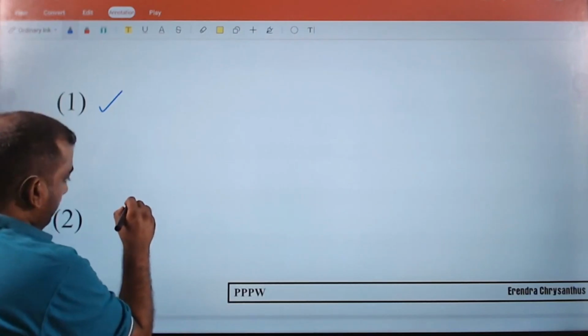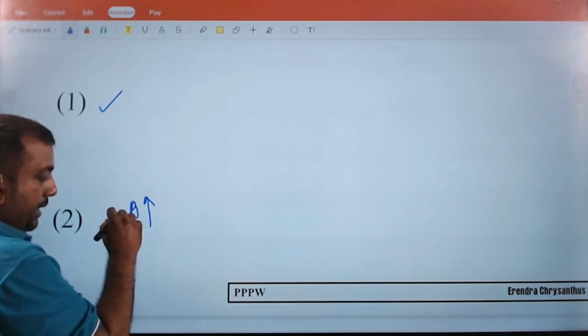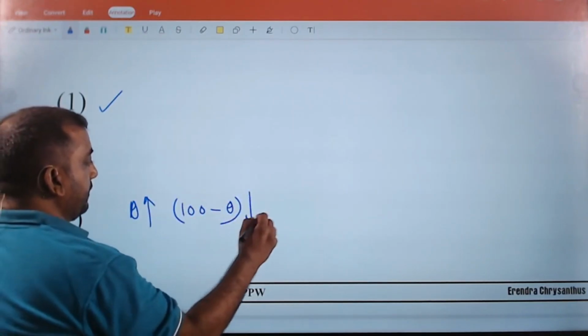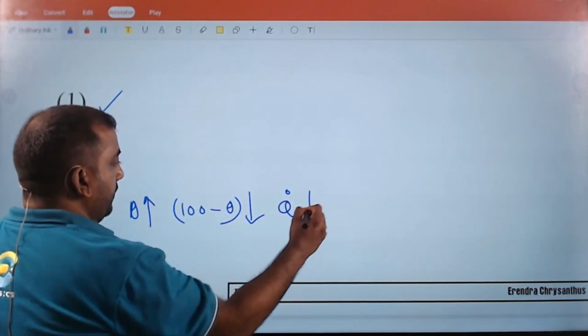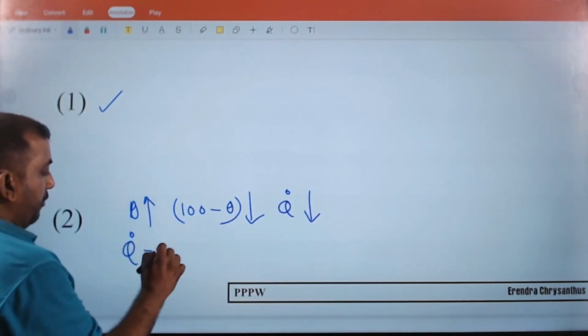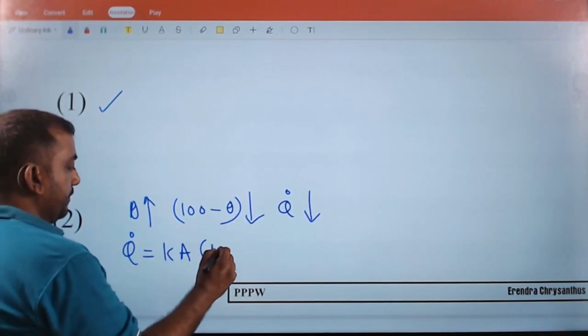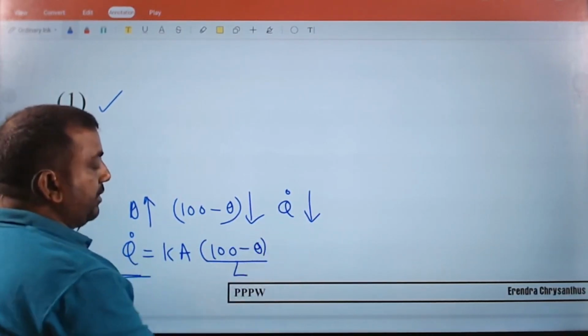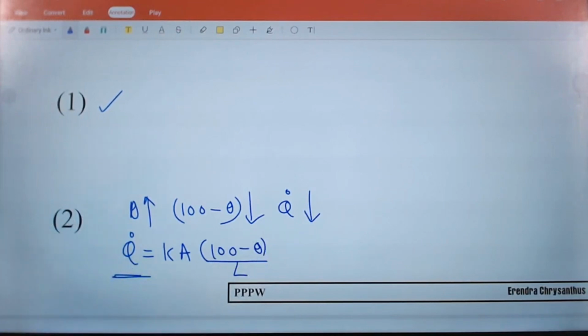Second one, when the temperature of water increases, the rate in which heat is conducted will reduce. That's the reason.